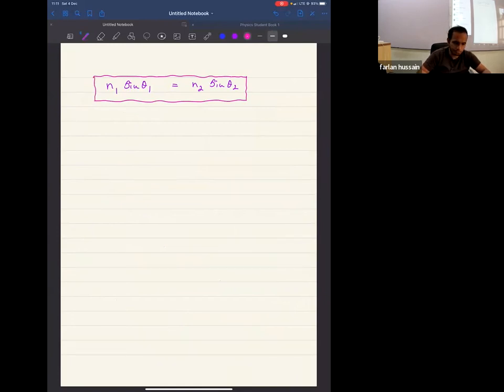So what is n1? Refractive index of medium 1, and n2 is the refractive index of medium 2.